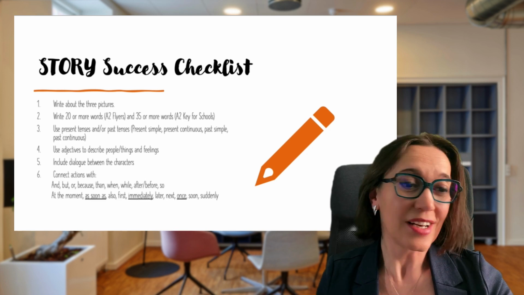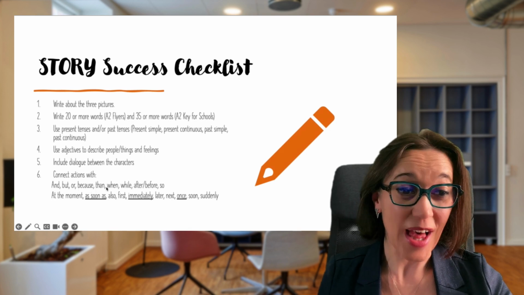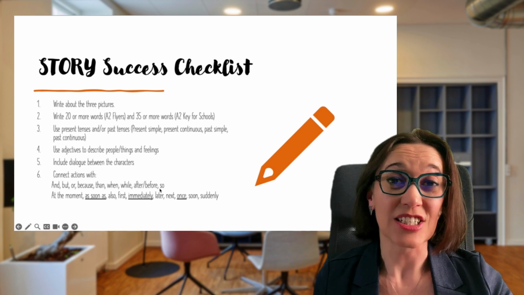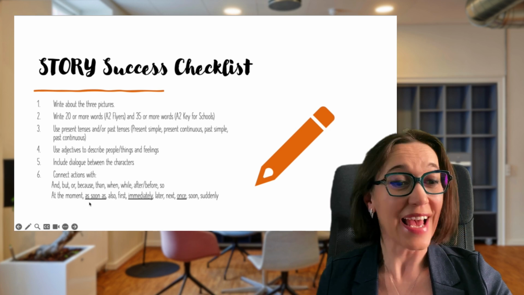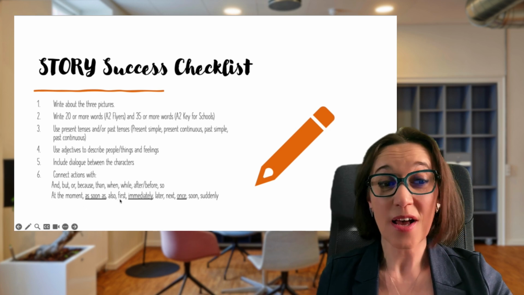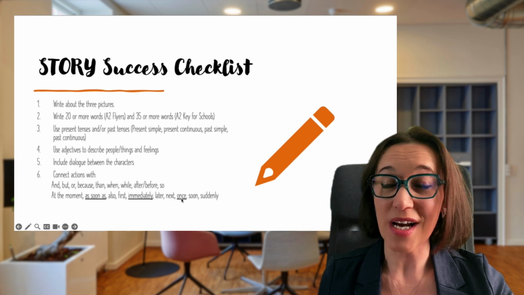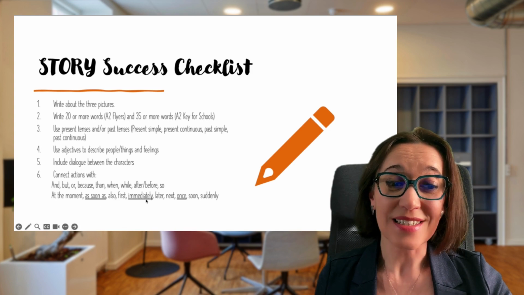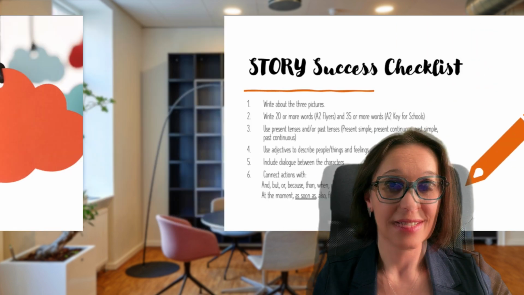Use words like and, but, or, because, then, when, while, after, before, and so, as well as adverbs like at the moment, as soon as, also, first, immediately, later, next, once, soon, and suddenly. The ones underlined belong to the A2 Key level.